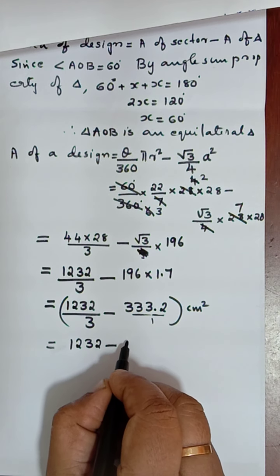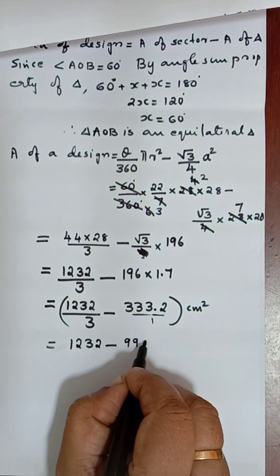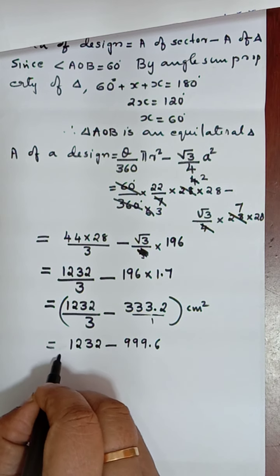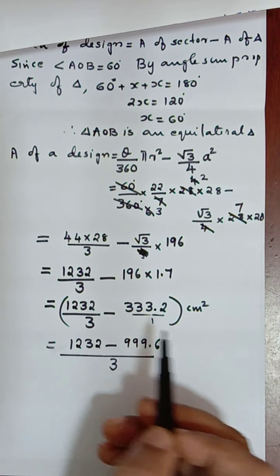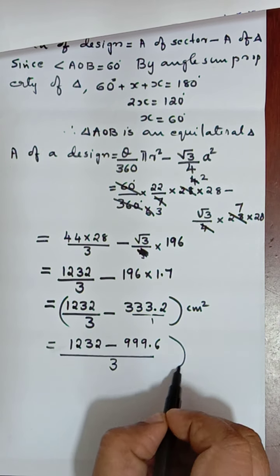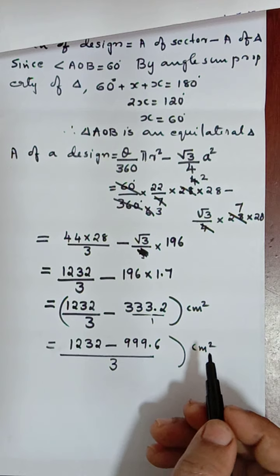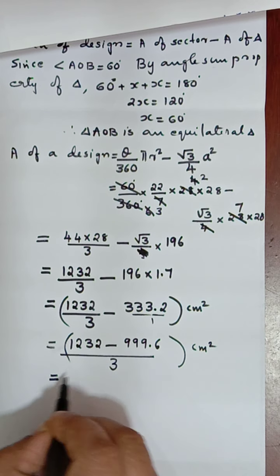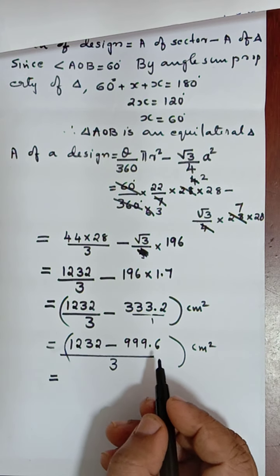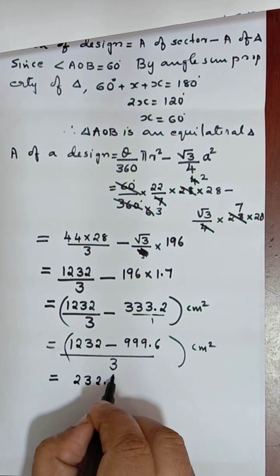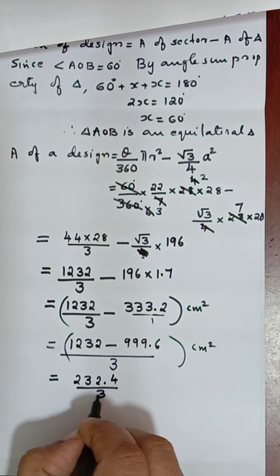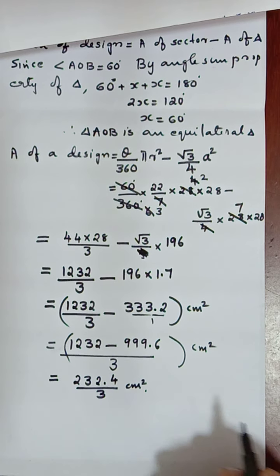So this becomes 999.6, whole divided by 3. It's cross multiplication or taking LCM and simplifying. So much cm square. Now let us subtract. When you subtract, what do we get? 232.4 divided by 3 cm square.